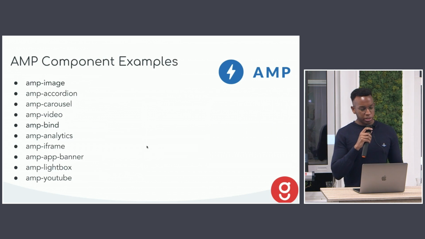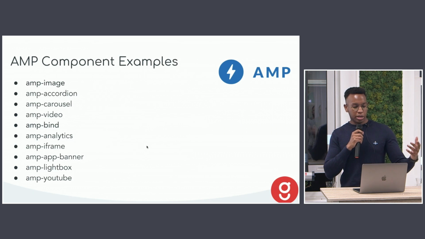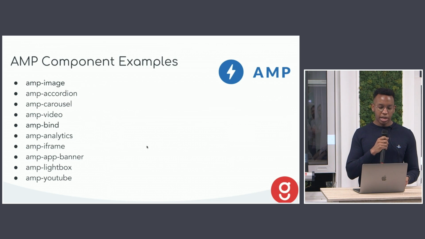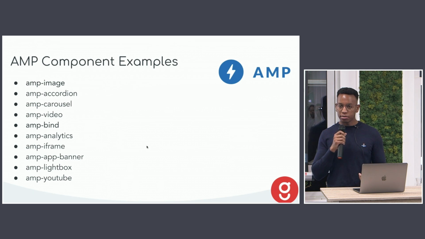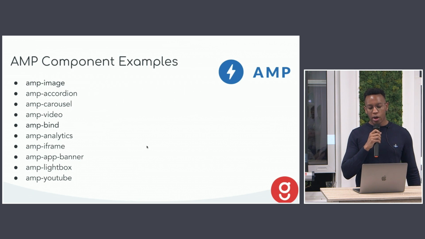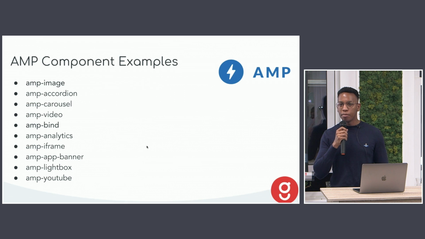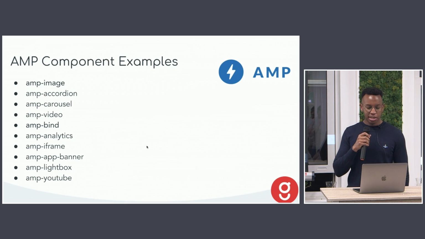Some of the examples that are contained within the actual library. You've got basic elements, so you've got the image, accordion, carousel elements that you can use within AMP, as well as some others that are not quite elements, but they are almost APIs within the AMP library, such as AMP bind, analytics.